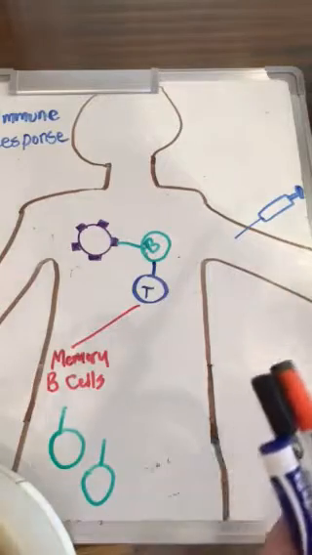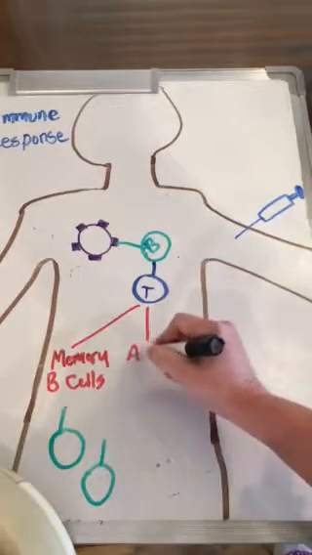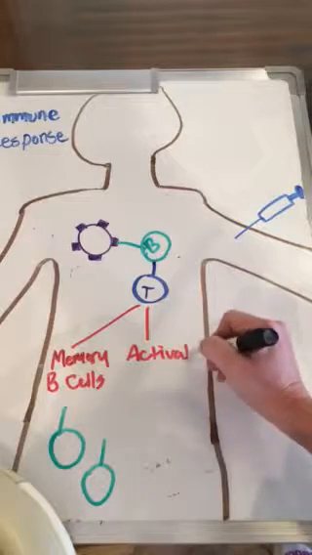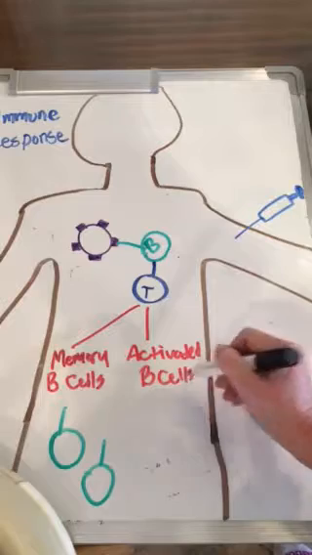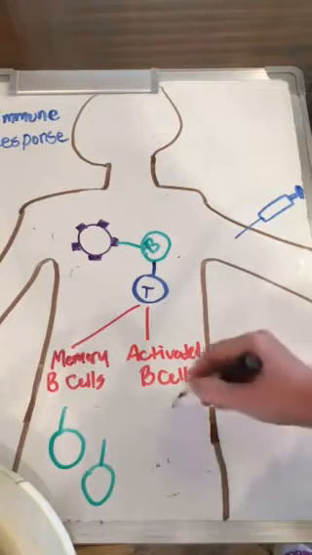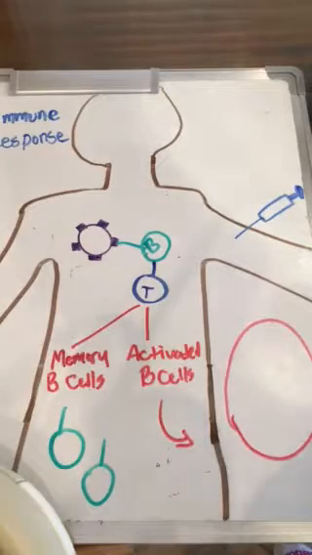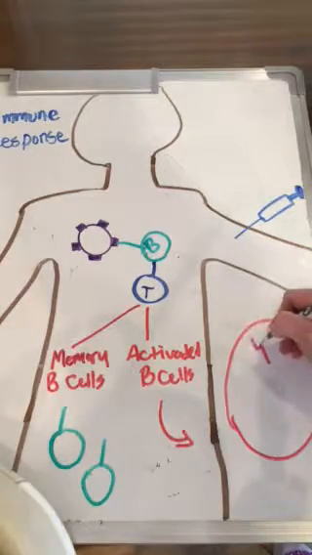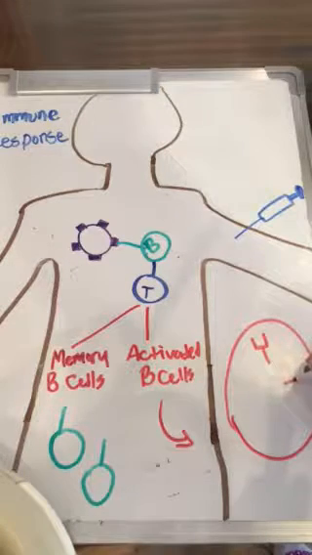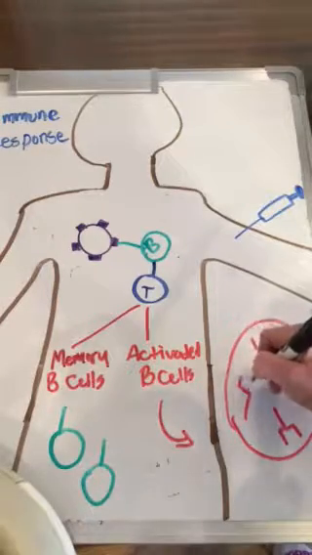The other thing that will happen is that there will be some activated B cells. And these are B cells, I'm going to draw them outside here. These are B cells that grow some antibodies inside of them to hook on perfectly and attack.